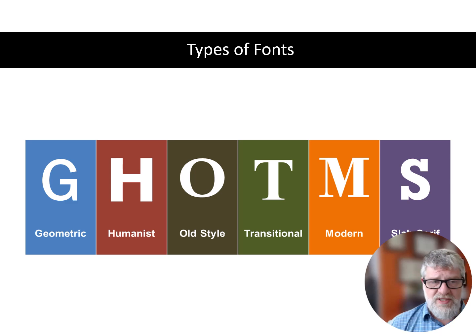Here we have some specific fonts, and the three to the left are sans serif fonts. They don't have any serifs: Geometric, Humanist, Old Style. As opposed to the T, the M, and the S: the transitional, the modern, and the slab serif. So this little leg, this little foot on the M, this little hat on the M, this little embellishment on the T, where this part of it isn't just a straight across line, it actually comes down a little bit.